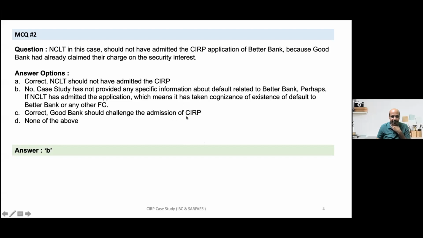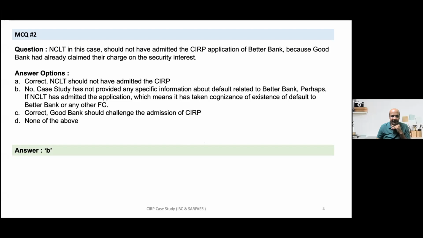I think it's very obvious that if the adjudicating authority has admitted the application of Better Bank, they would have definitely taken into account that there is a default in place.